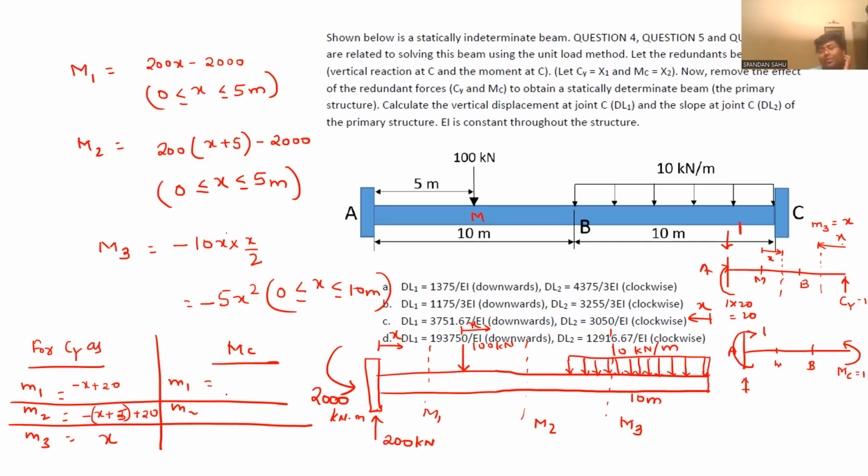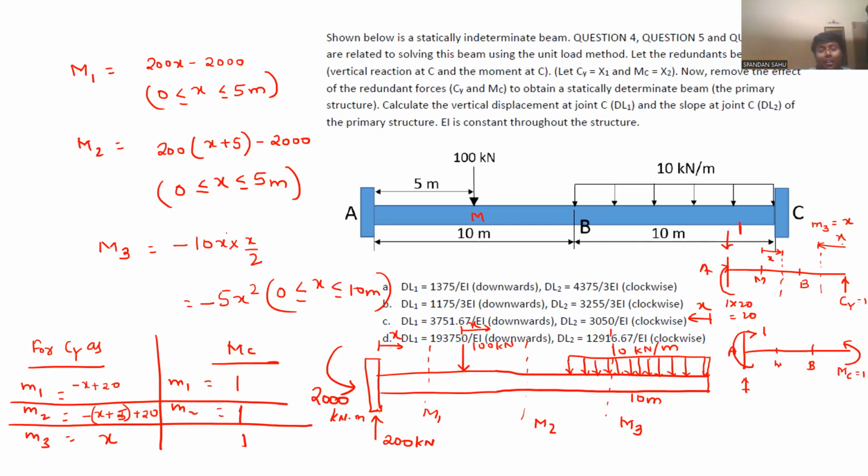Now you tell me for M3. You tell me M1, M2, M3. Quick, there is nothing much to think here. So now you got M1, M2, M3 for both the students.